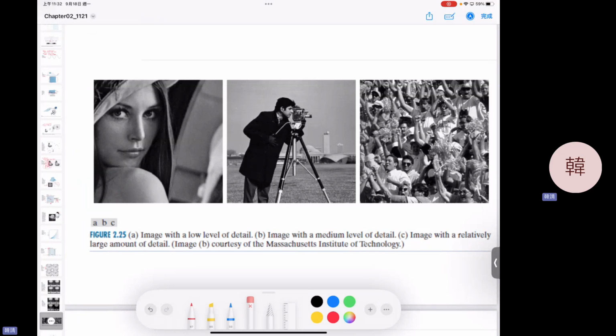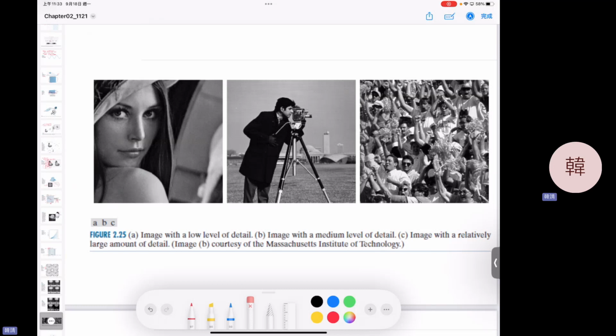The left one, very famous, is Lena. She is still alive, very healthy, and she contributed a lot to image compression. She was the cover girl of Playboy, and it's always our model.